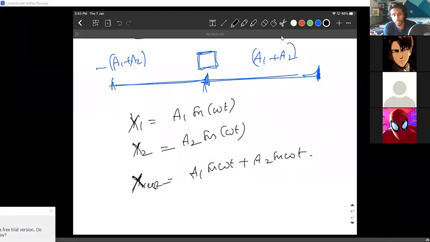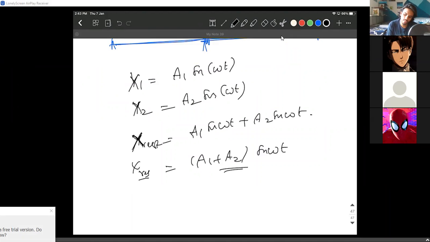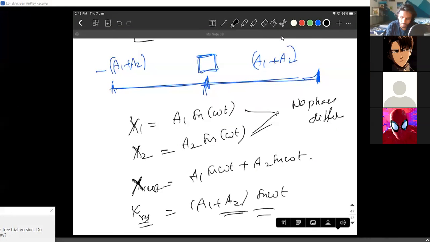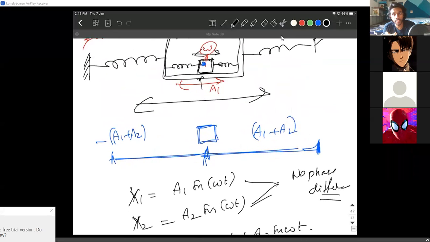The algebraic sum will simply give us the resultant displacement: A1 plus A2 times sine omega t. This is the case where there is no phase difference between these two SHMs. I hope you all get it clear.